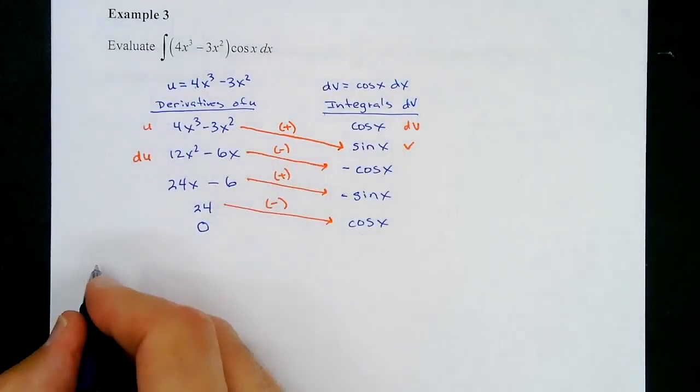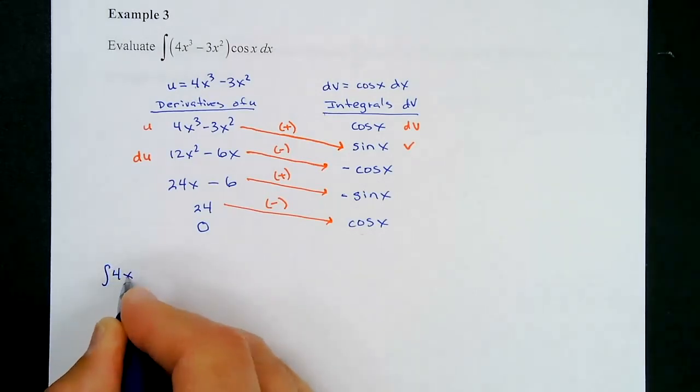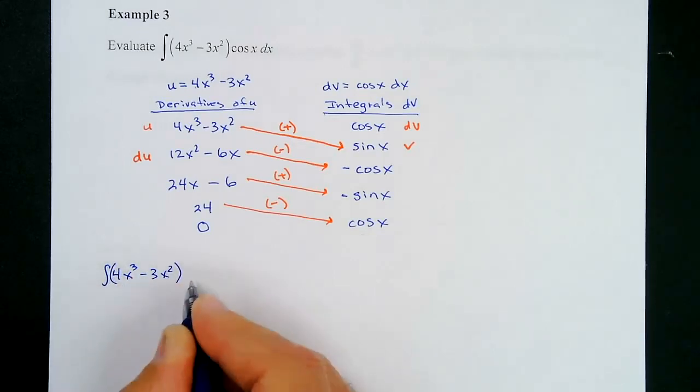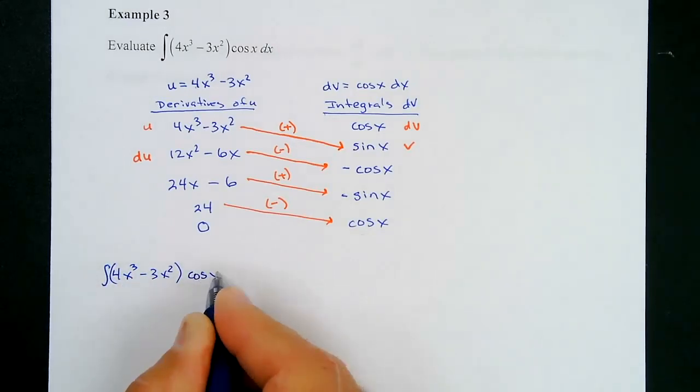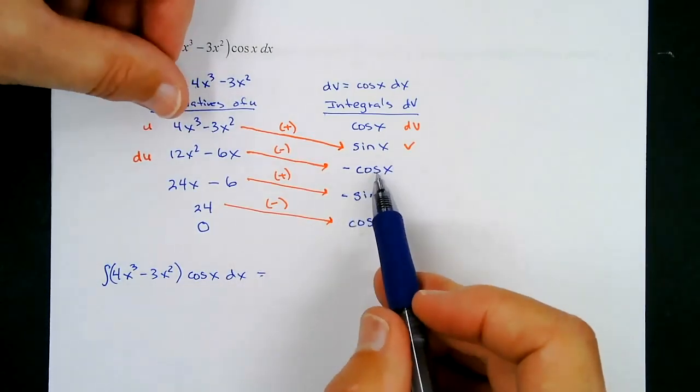So that means that the integral of 4x cubed minus 3x squared times cosine of x dx would equal these two multiplied together.